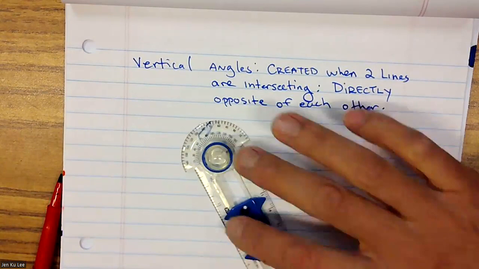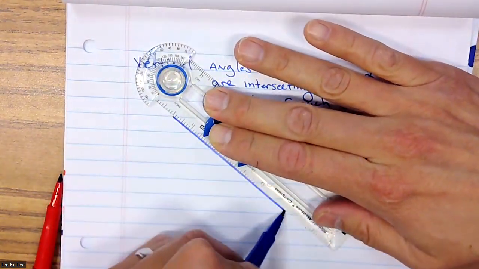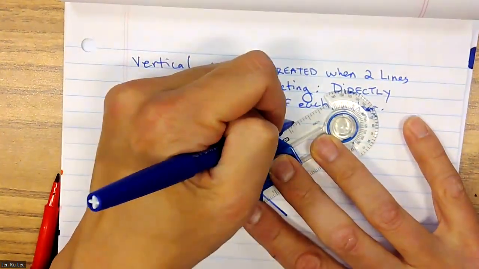Okay? So if I just draw an X, those are two intersecting lines.